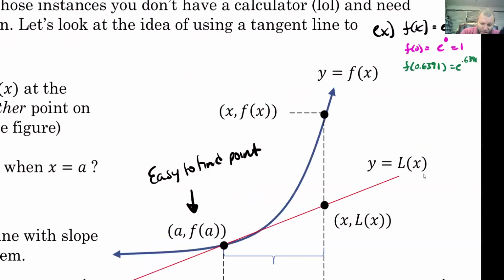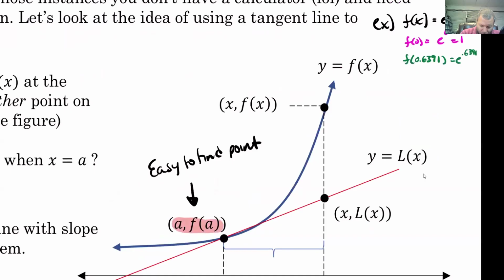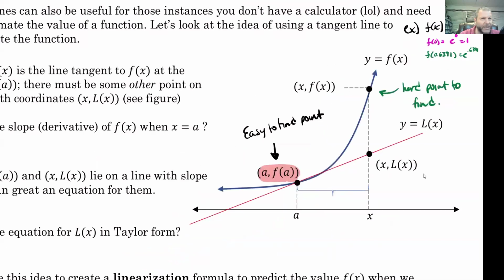So this first point is the easy one, the kind of base point. And then suppose there's some other point on the function that's a harder point to find. So the idea of linearization is we can say, well, so long as my function is differentiable, I can take the derivative in some interval. I could create a tangent line that hits at that nice, easy point right there.